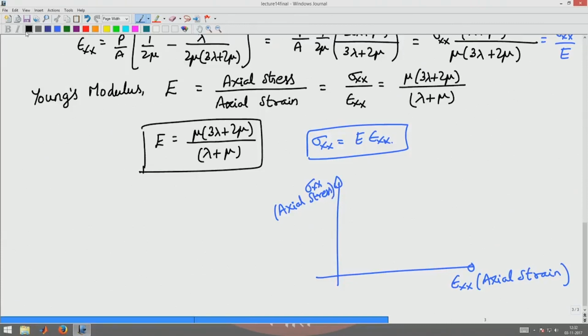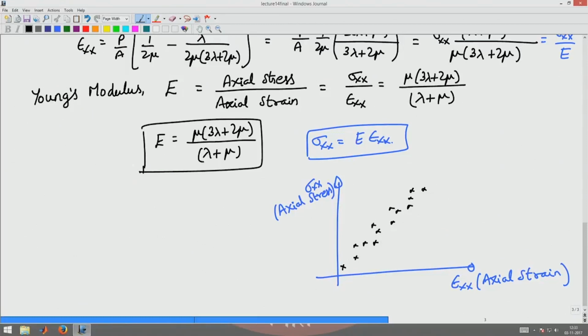Okay. Now, I will get some data points like this, like that, from the experimental data.